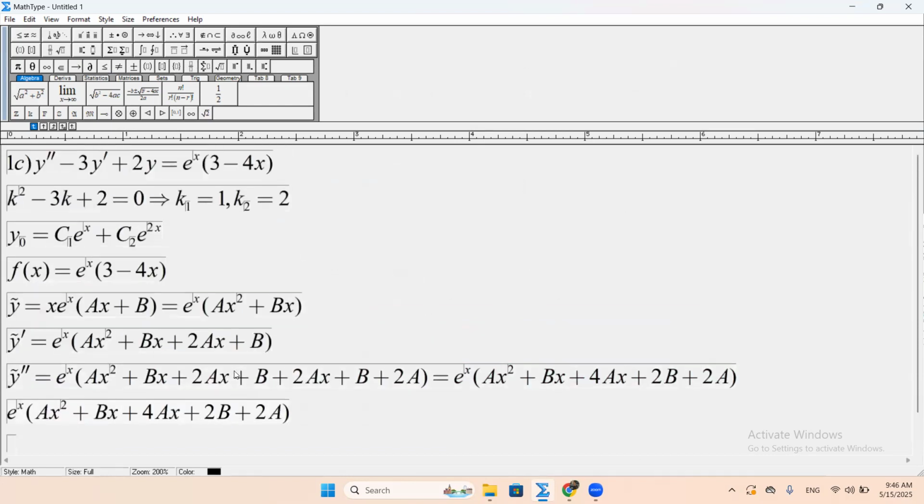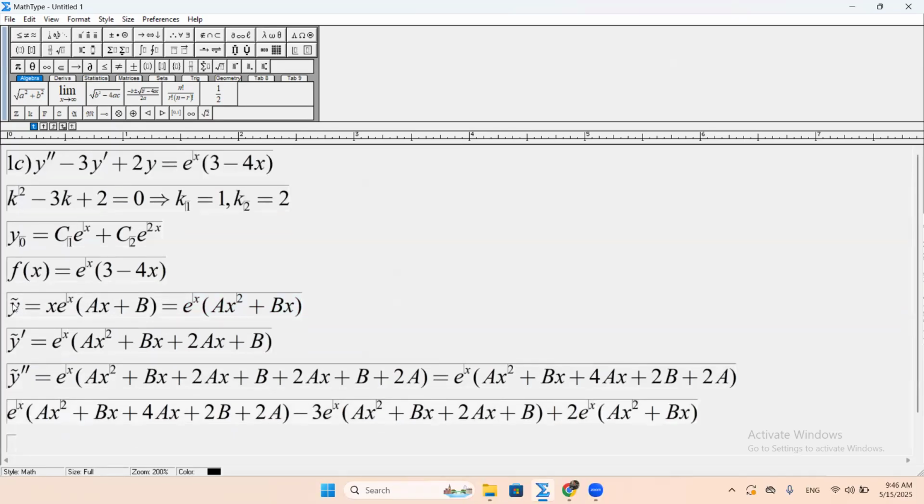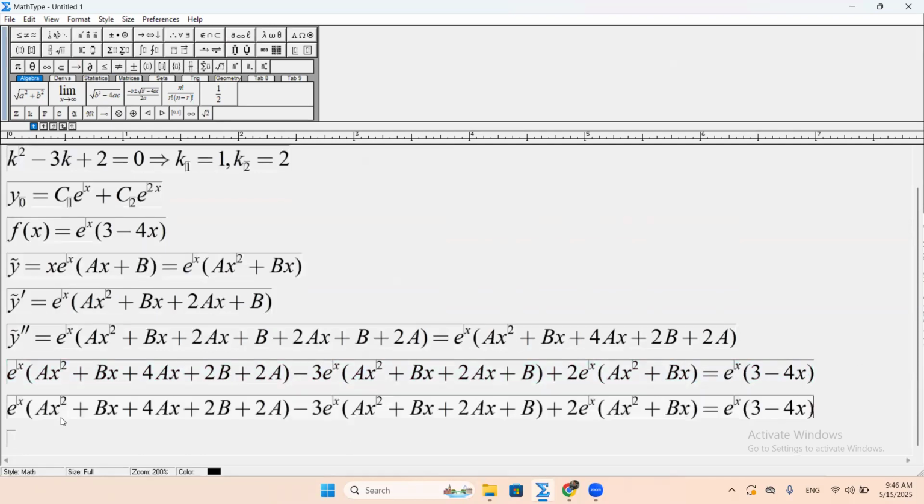So now we can substitute it into the initial equation: the second derivative, minus 3 e to the power of x for the first derivative, and plus 2 y with the wave, and it equals e to the power of x times (3 minus 4x). First of all, we will cancel e to the power of x. We don't really need it.